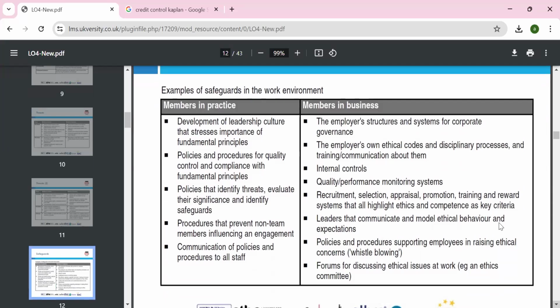So safeguards: well, the leadership culture in the organization stresses the importance of fundamental principles. We can look at the corporate governance, how the company is run and controlled, policies and procedures in place, tight controls in place, the plan in place, quality performance monitoring, recruitment selection, and how the leader communicates and models ethical behaviors. Equality law is there, but ethics is more of a moral principle, raising high standards and working in the best interest of the public as well as the company.